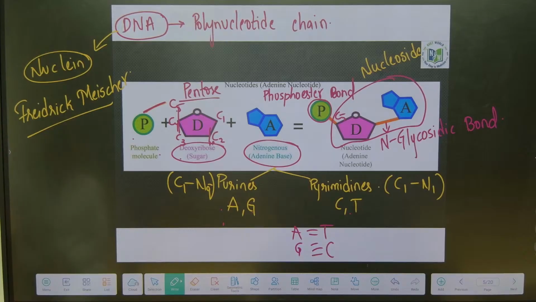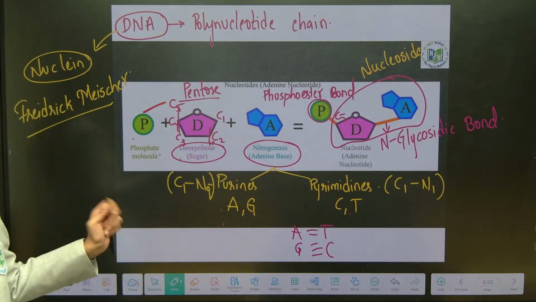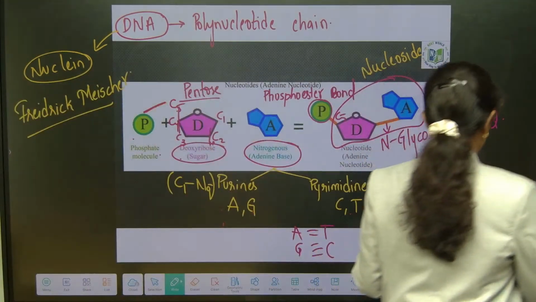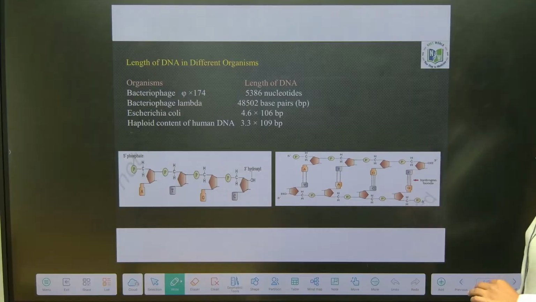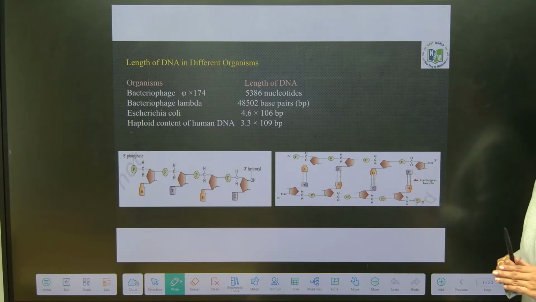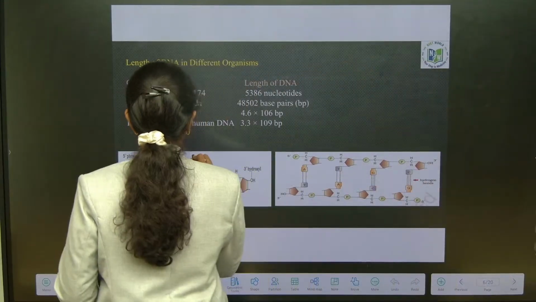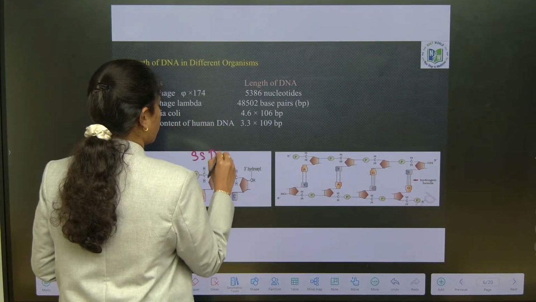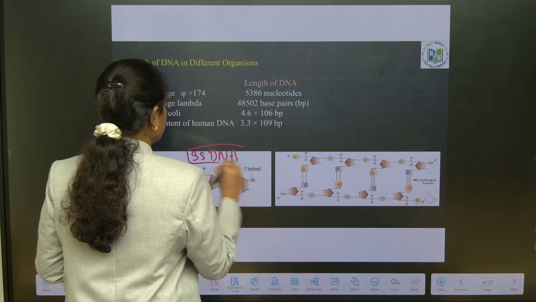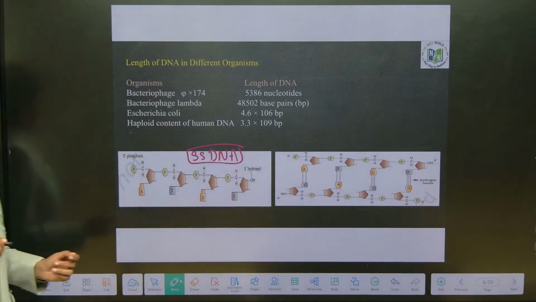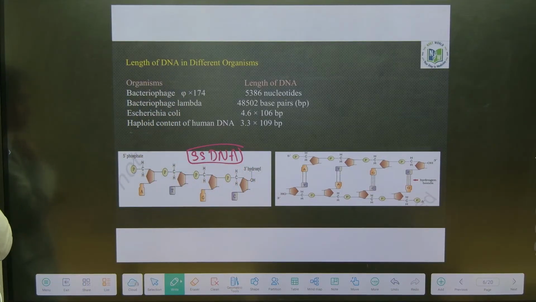Done? You are clear on nucleotide and bonds, right? Now, these are the diagrams given in your NCERT. This is single stranded DNA. If you have your NCERT, just open it.